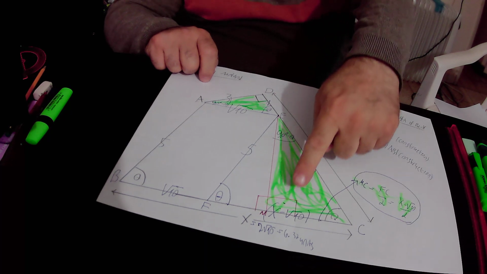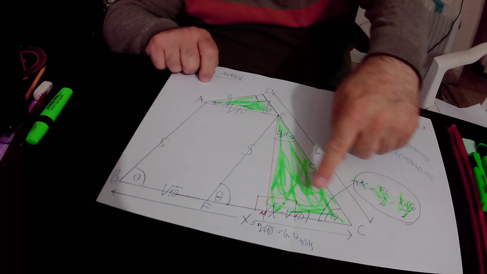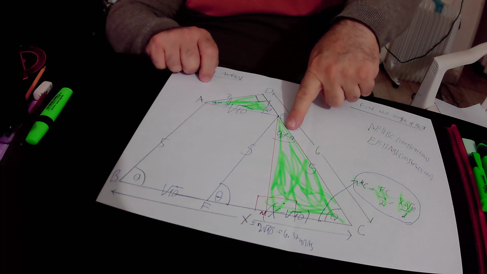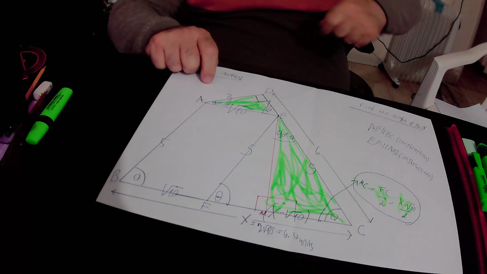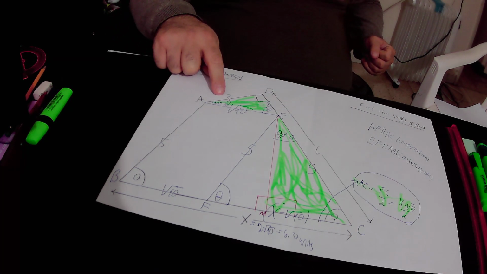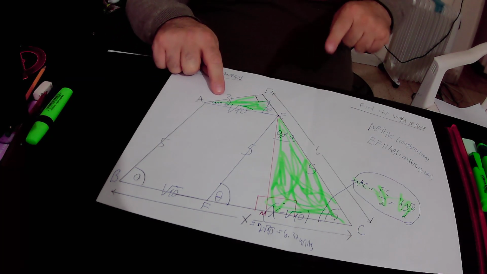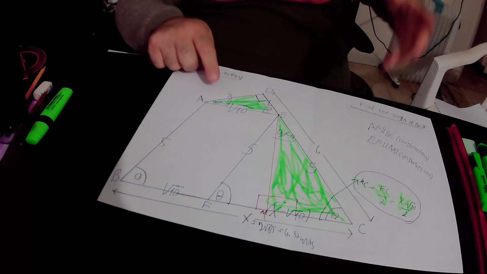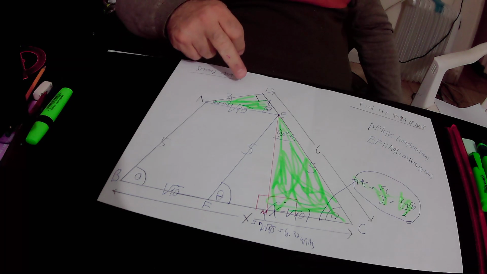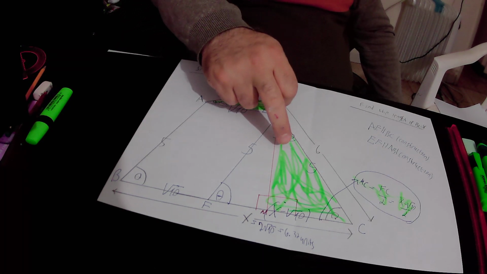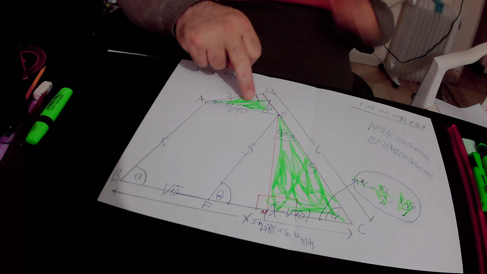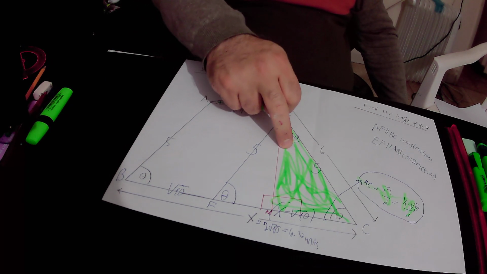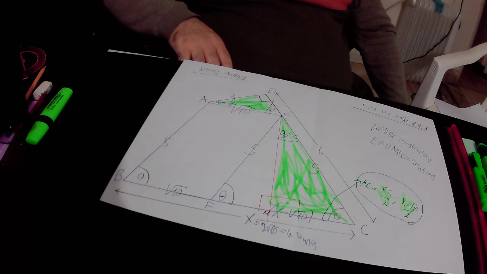So all the angles in triangle ADE match all the angles in triangle EMC, therefore triangle ADE, the green triangle, is similar to triangle EMC according to the angle similarity rule.